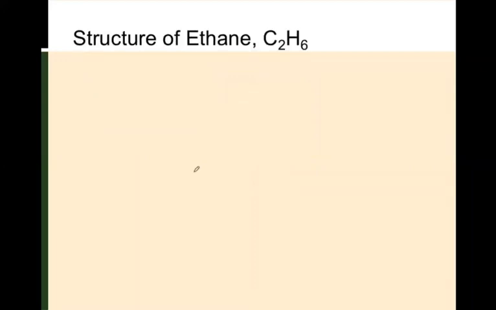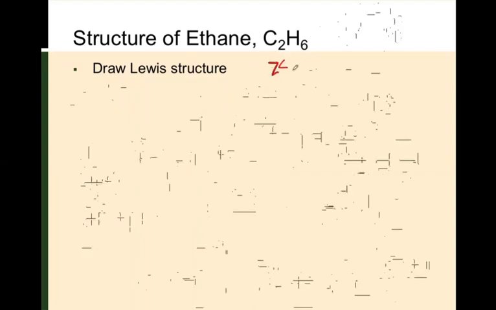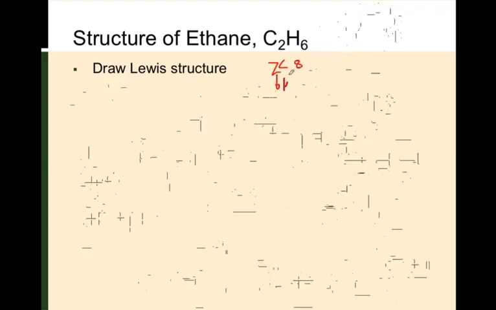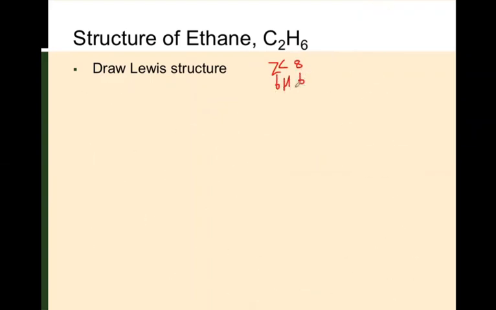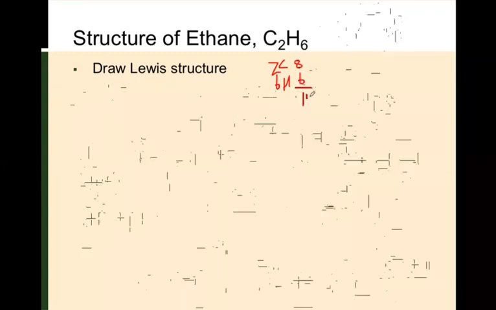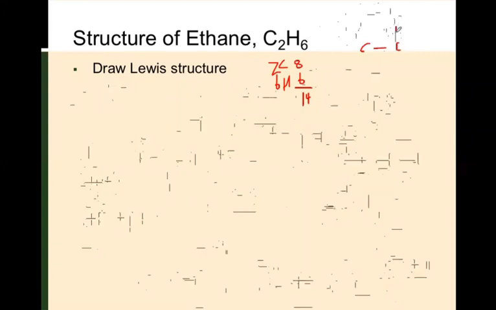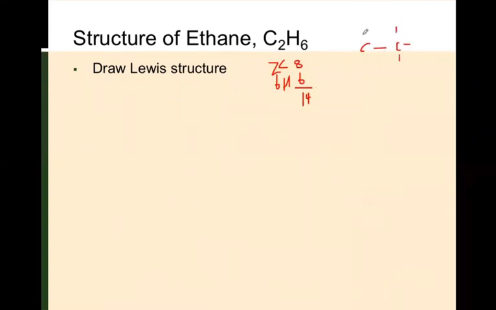So the structure of ethane, C2H6. Draw the Lewis structure. Okay, we have 2 carbons, so that's 8 electrons. We have 6 hydrogens, so that's 6 electrons, so that's 14 total. We have carbon, carbon, and six hydrogens.